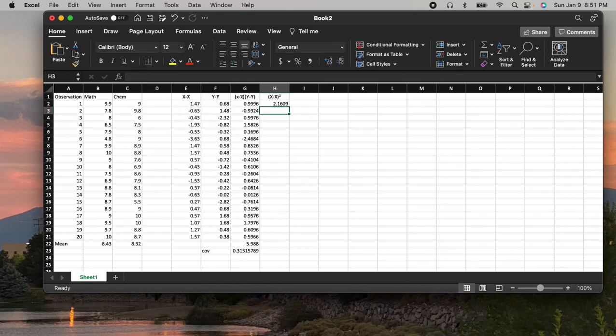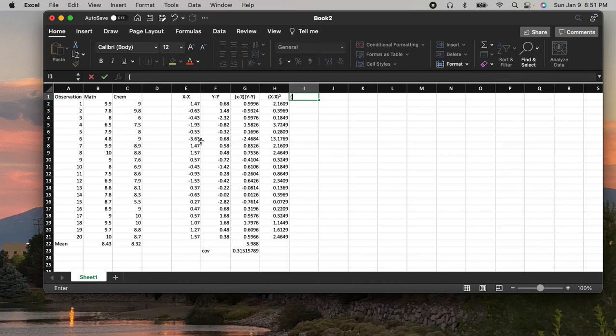And that is my data there. All I have to do is drop this down all the way to here. And now we have to do the same thing for y minus y bar.